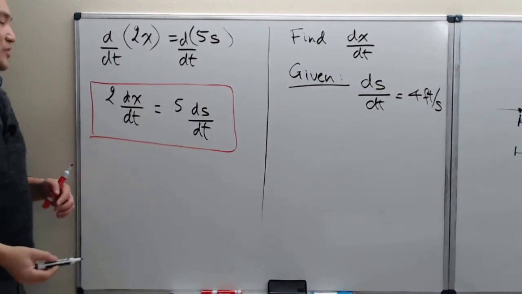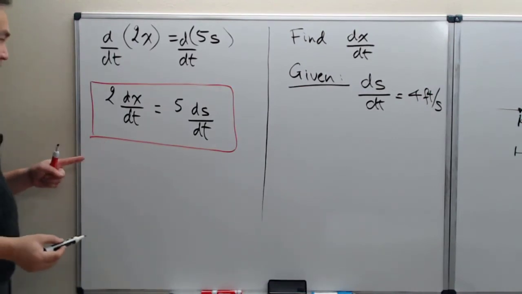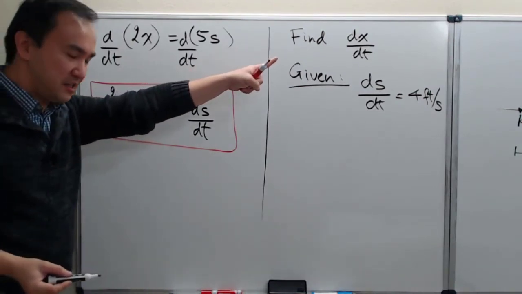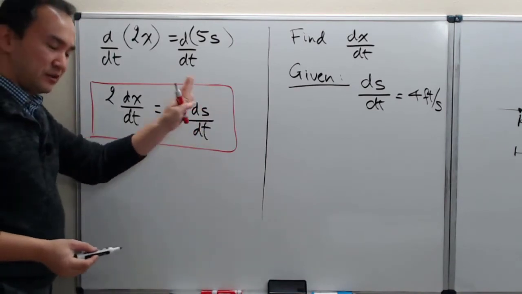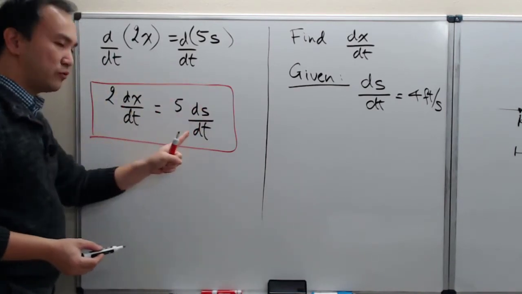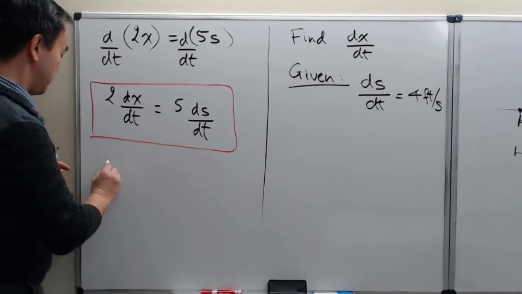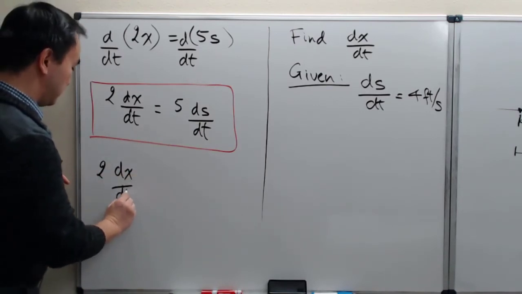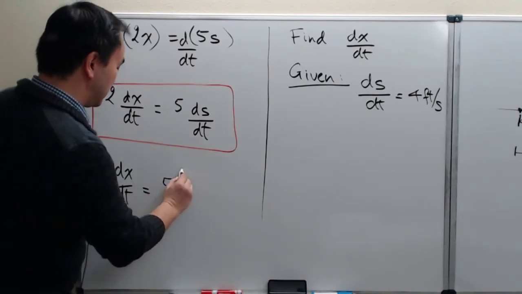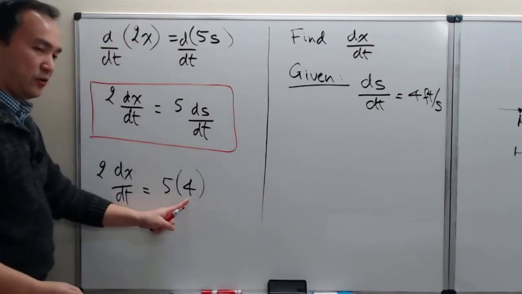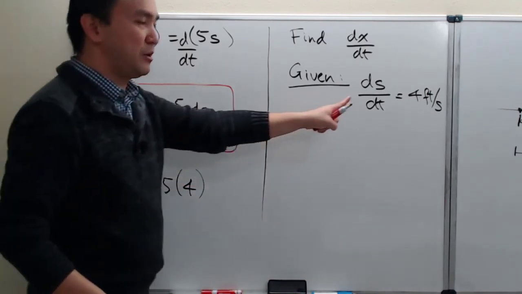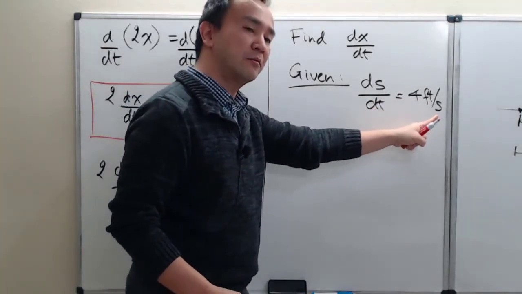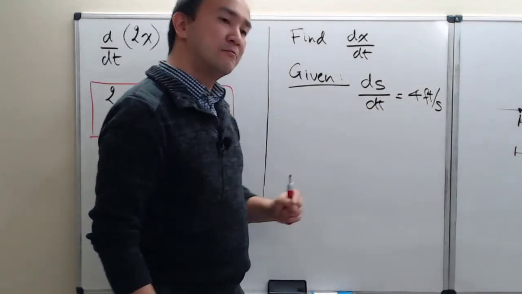Okay, and so now everything is ready. We know that we want to find dx/dt, and we have an equation relating our two rates. So I'm looking at 2 times dx/dt, that's what we are finding, equal to 5 times 4. I have 4 substituted for ds/dt simply because we have ds/dt given from the problem, being 4 feet per second.